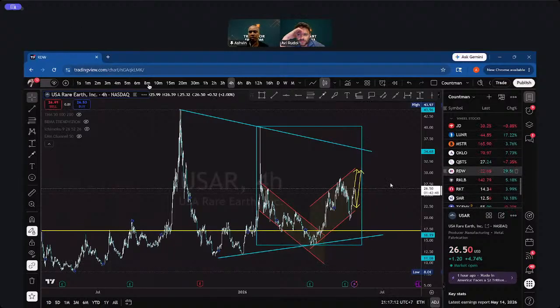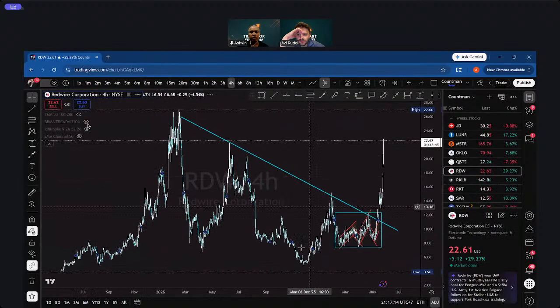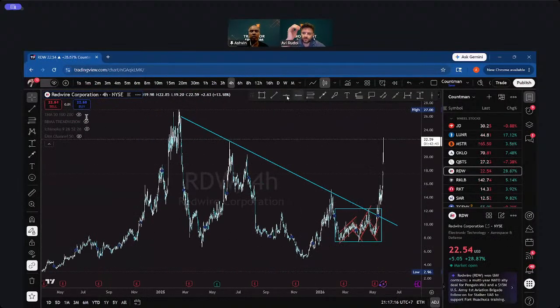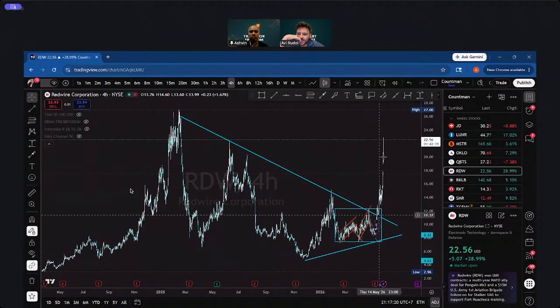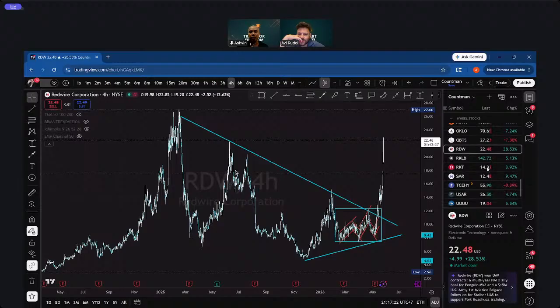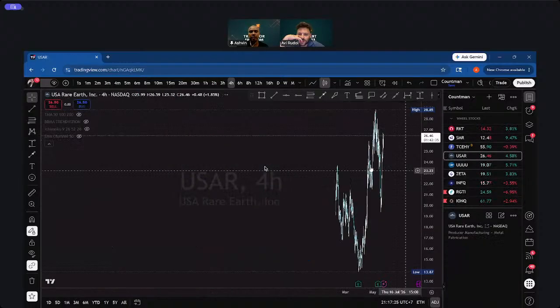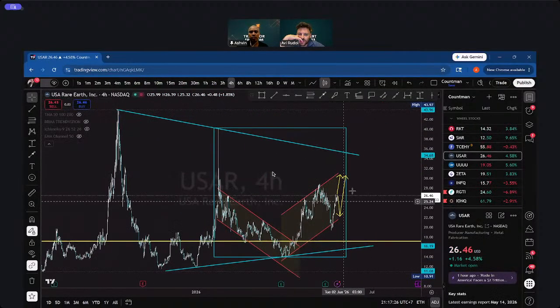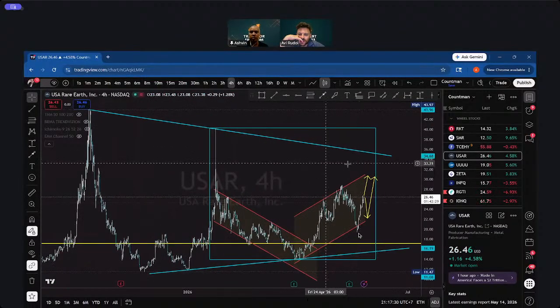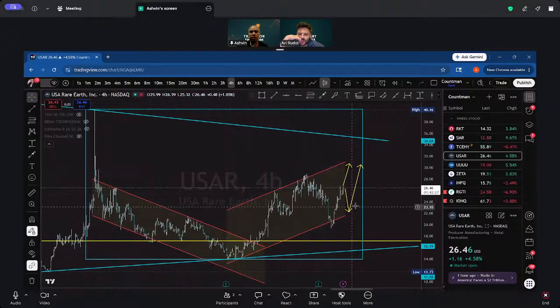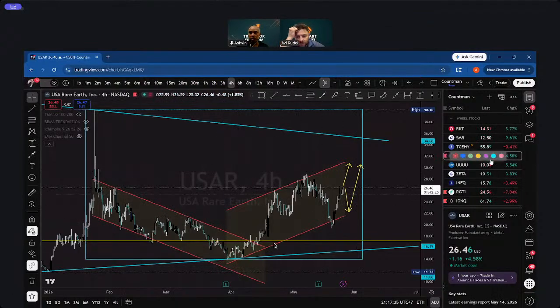RDW had a triangle and then it pushed up and broke up. So USAR has the same potential when it nears the top, and it will try to hit back to the top. So currently, I think USAR can be on our list as well for this week.